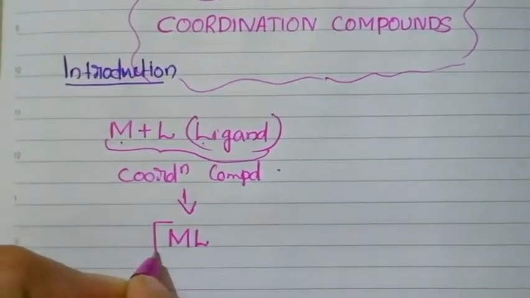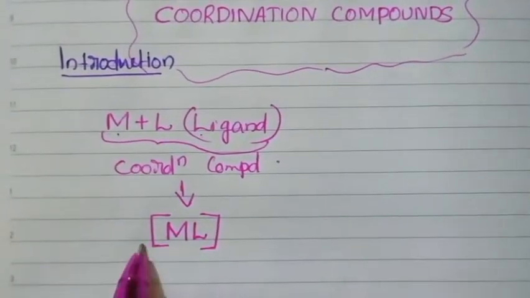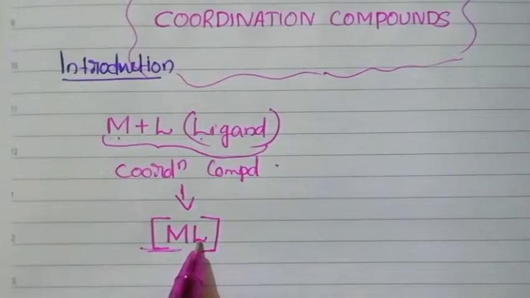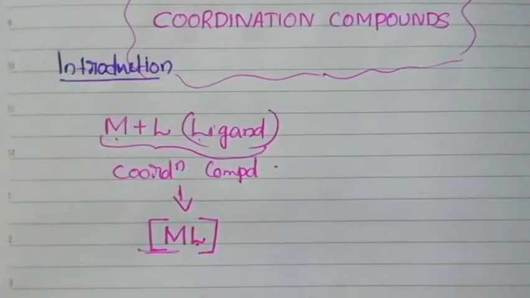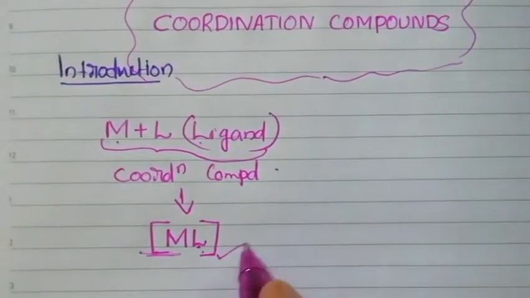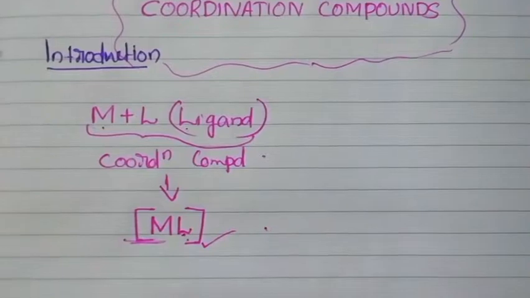It is formed by combining a metal along with a ligand, and this metal and ligand are represented in a square bracket. That's the speciality of a coordination compound. Always, inside the square bracket, the metal and ligands are enclosed.